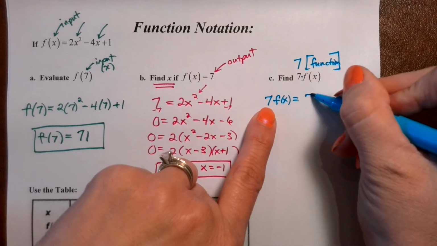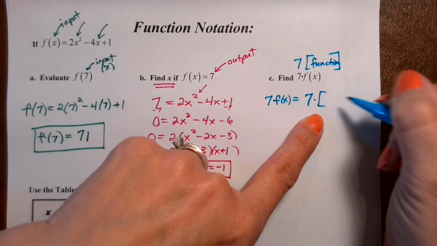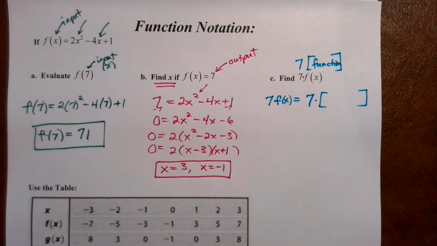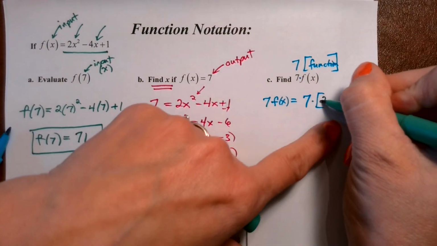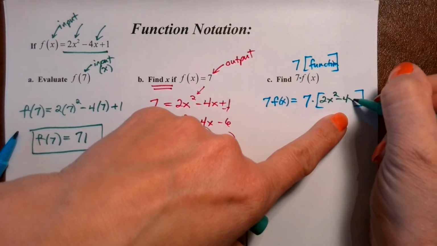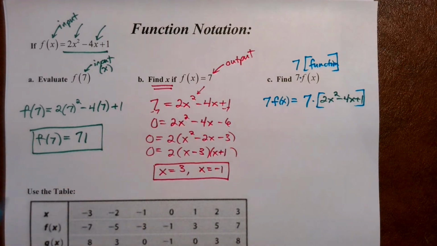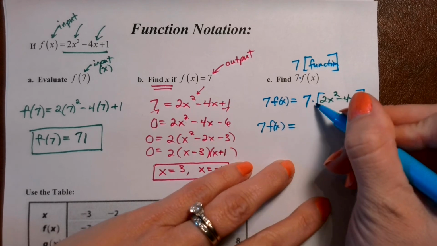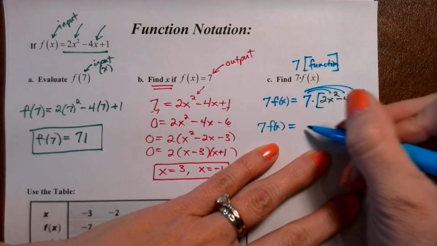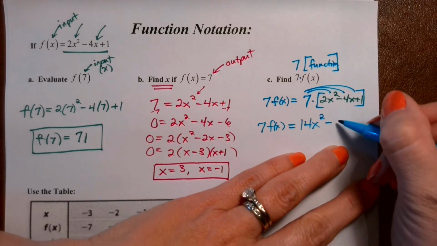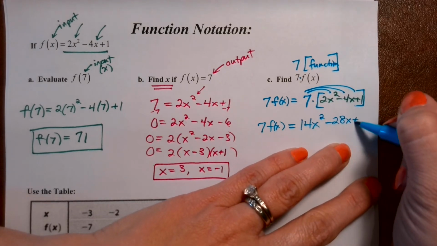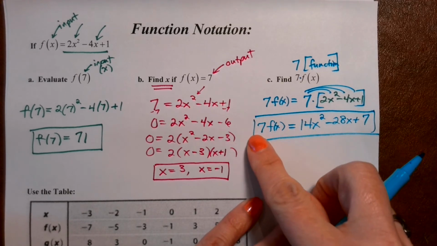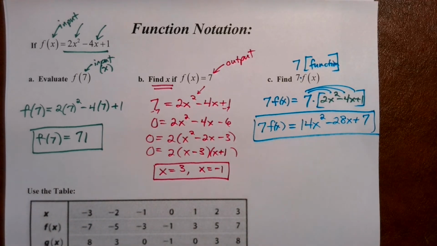No. They're saying do 7 times the f of x function, and the f of x function happens to be 2x squared minus 4x plus 1. So all we have to do to find 7 times the function is multiply all of its terms by 7. That's all you have to do. Look at how it's nicely labeled, and we multiplied all the terms by 7.